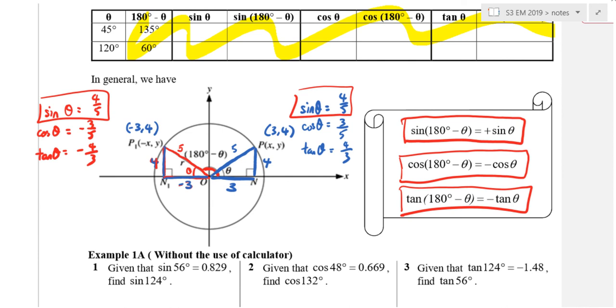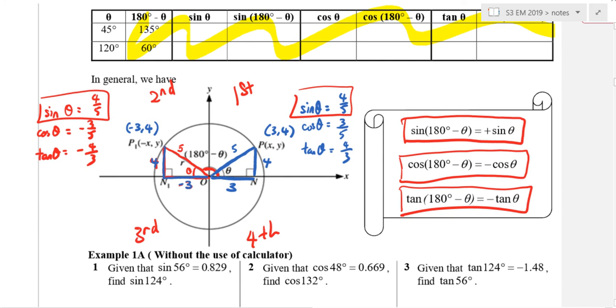We will call this the second quadrant. We will call this the third and the fourth quadrant. So now I can tell you the blue triangle sits on the first quadrant while the red triangle sits on the second quadrant.